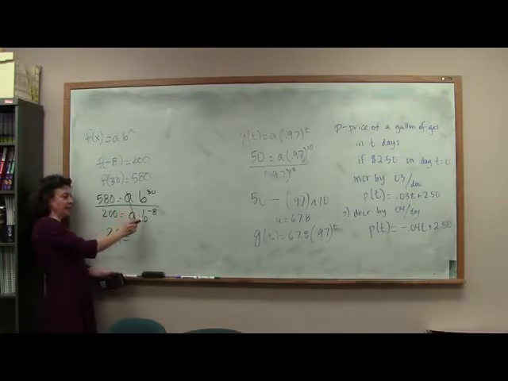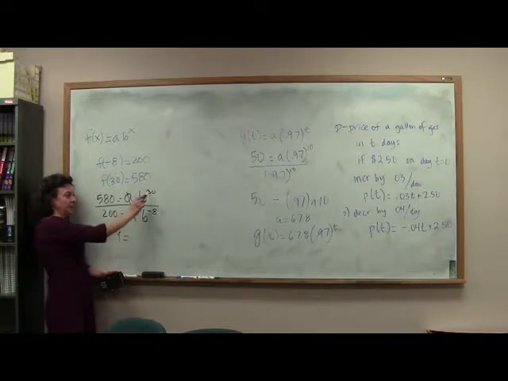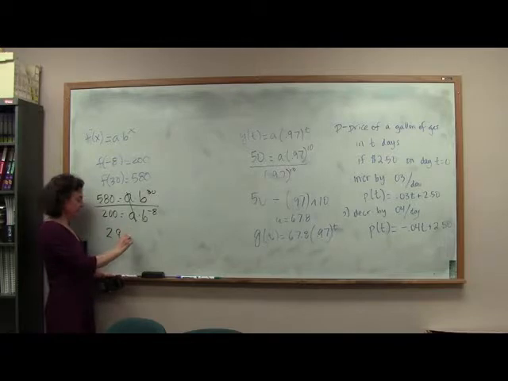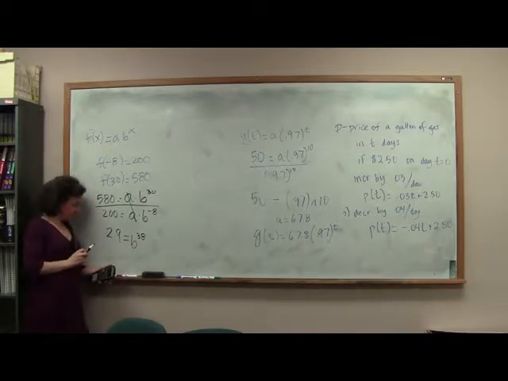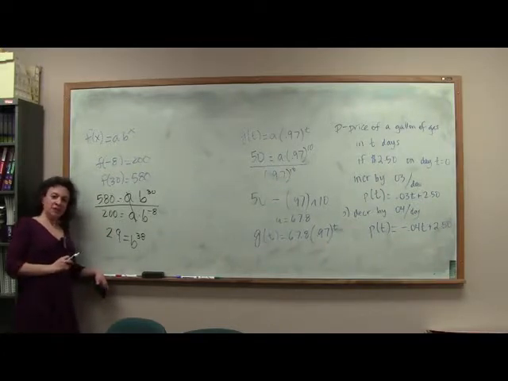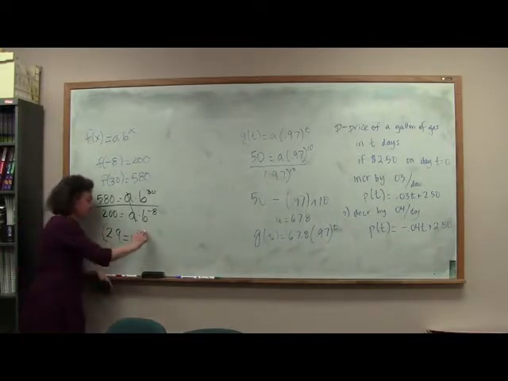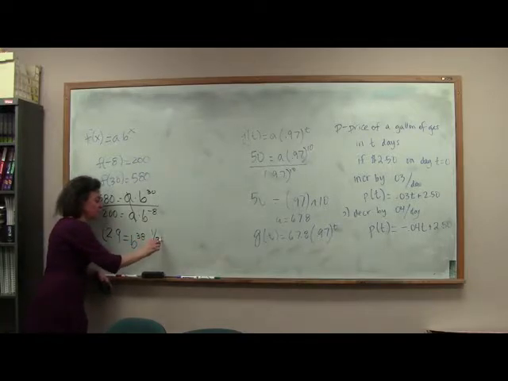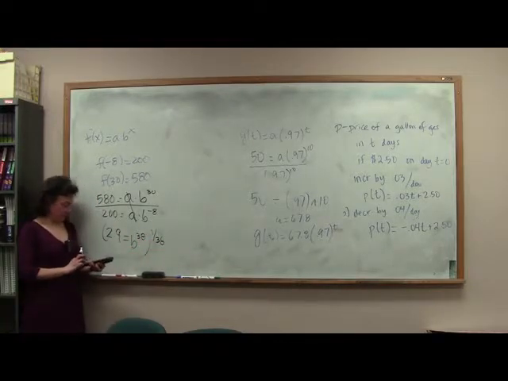Check this out. I'm dividing two things with the same base, so I subtract the exponents. 30 minus negative 8 is 38. All right, I don't care what b to the 38th power is. I want b. So I'm going to raise both sides to the 1 over 38th power.